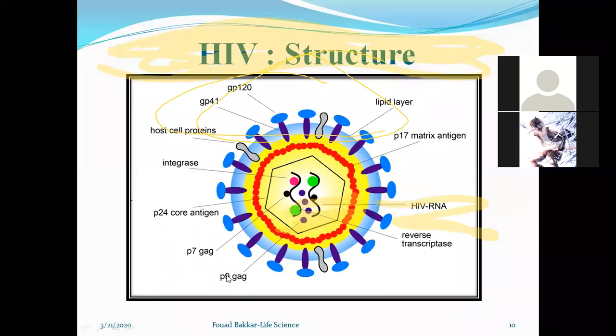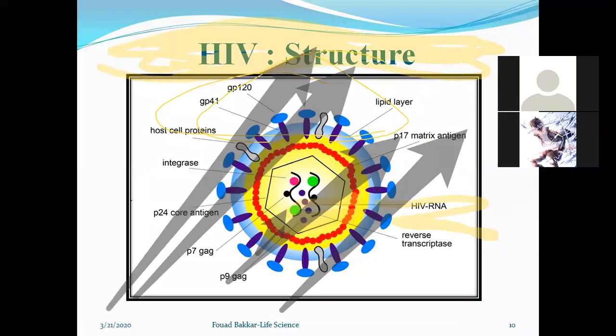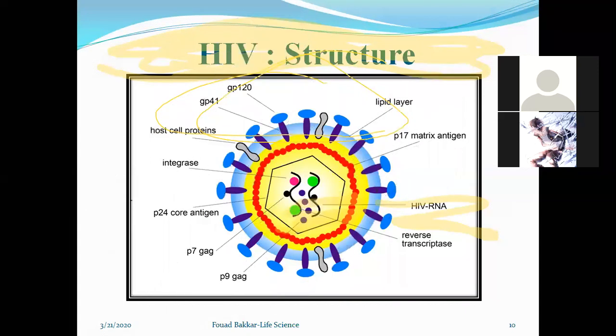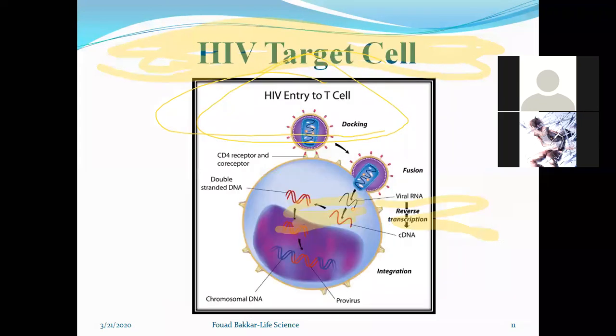These are all critical epitopes. If they have been detected, it means we are able to produce the HIV structure.